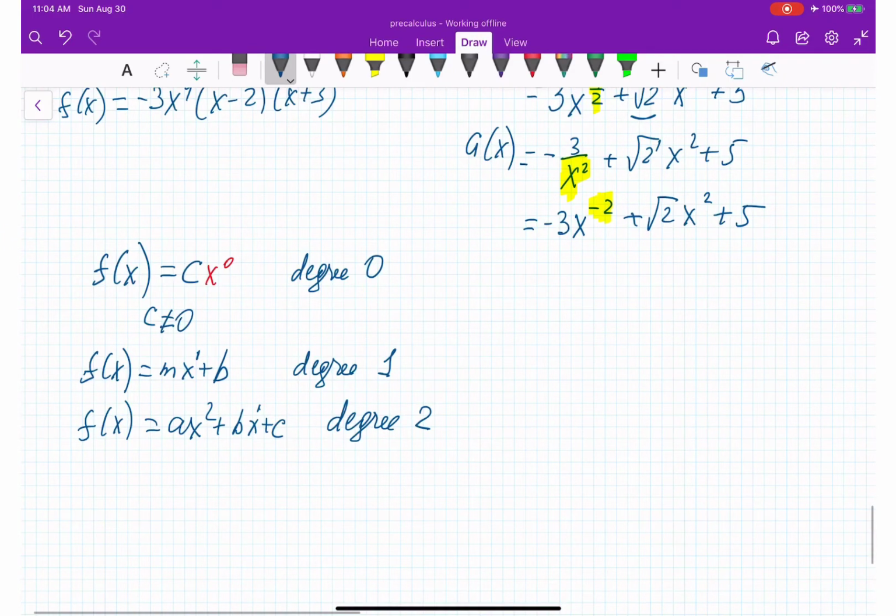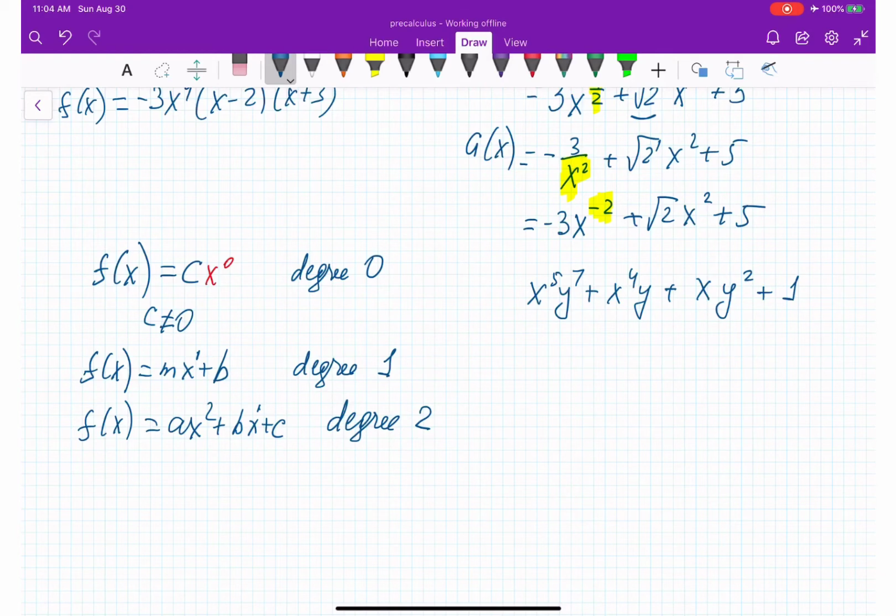Now, it can happen that we have a polynomial with more than one variable. Let's say x^5 y^7 plus x^4 y plus x y^2, for example, and plus 1.